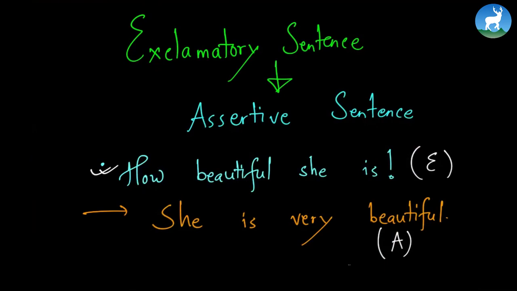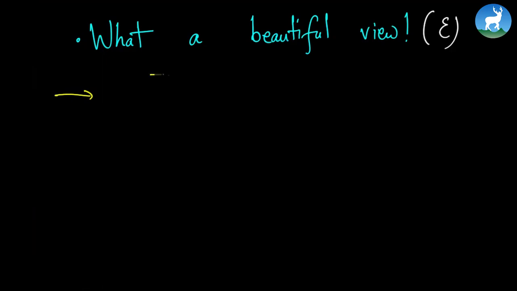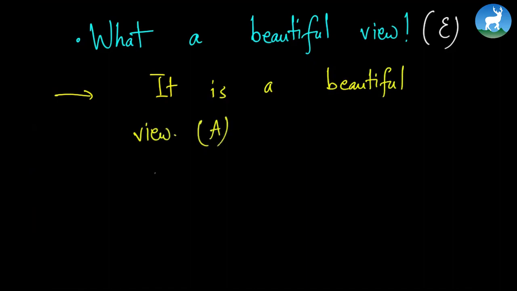I can give you more examples. What a beautiful view. This is certainly an exclamatory sentence. How can we change this into an assertive one? You can simply say, it is a beautiful view. So that is how the exclamatory sentence is changed into an assertive one. I can give you another example. What a great pleasure it is.